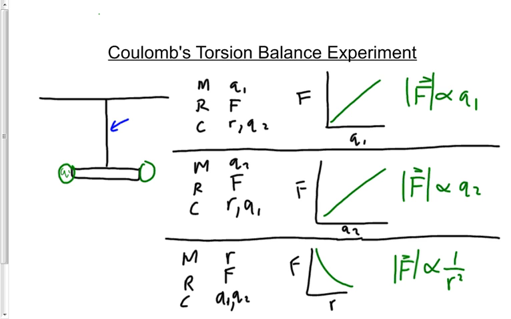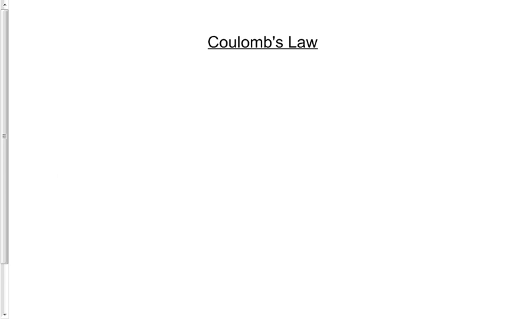So what does Coulomb do with this? He puts it all together into a law. He says, look, I know that F is related directly to Q1, and it's related directly to Q2, and it's related to the inverse of the square of R. Let's put that together in a law that we call Coulomb's law.